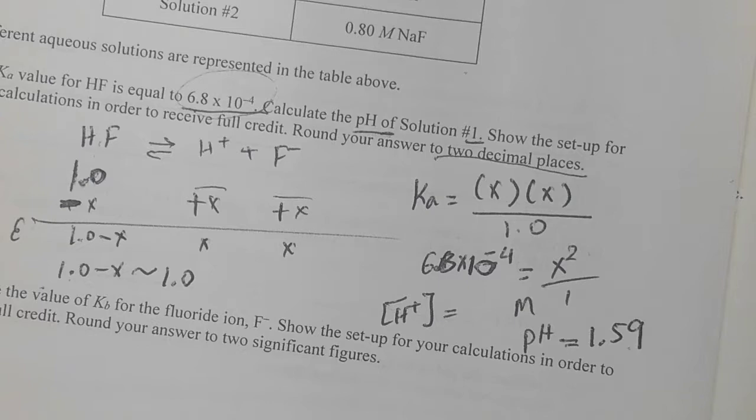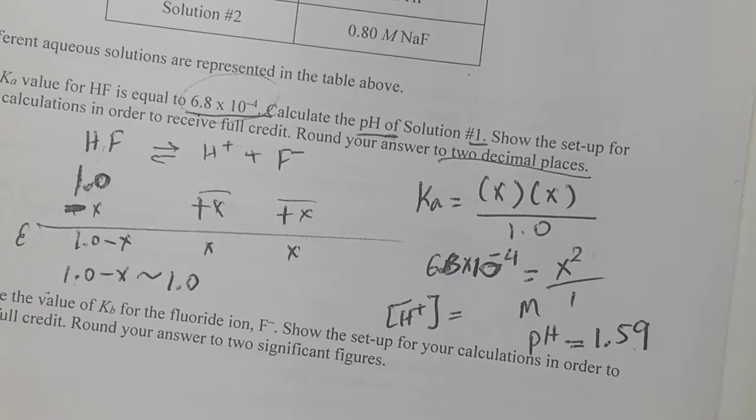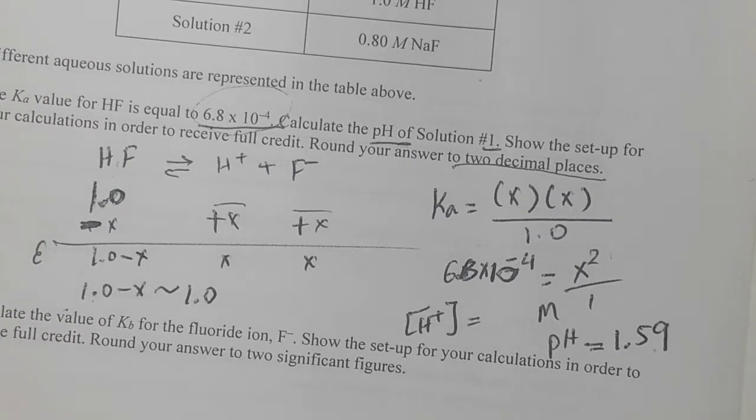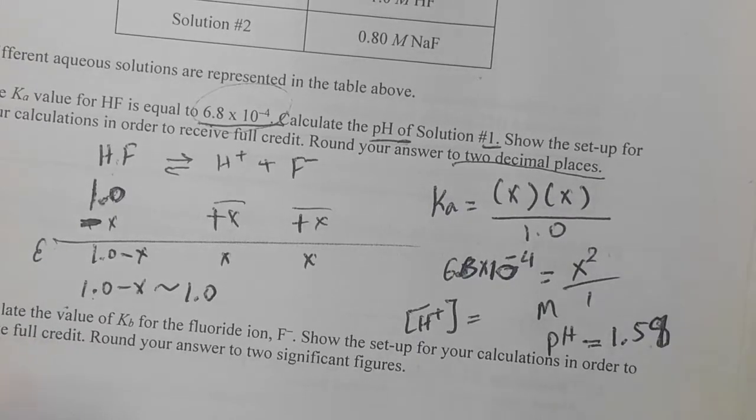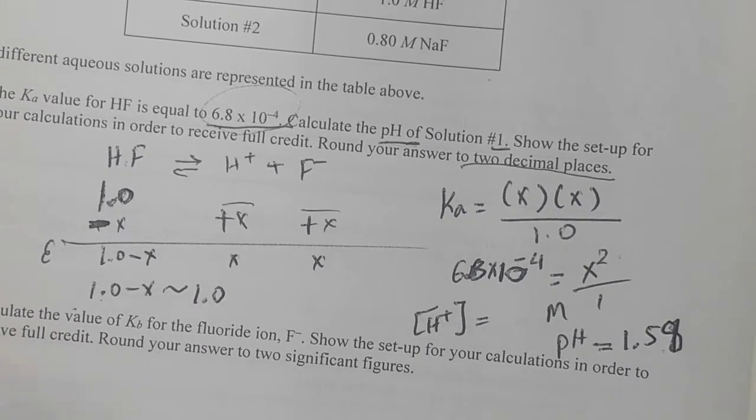Yeah, 1.58. Which is the square root? Let me see. 10 to the negative 4. So negative log of the answer. Mine says 1.583. I think it's just a difference in calculation. I think it's a different calculator. I'm getting 1.583 too.